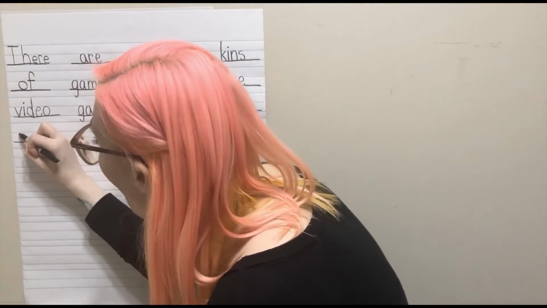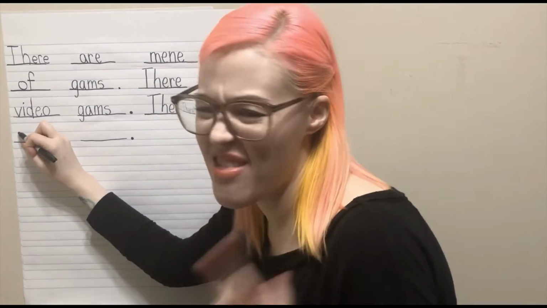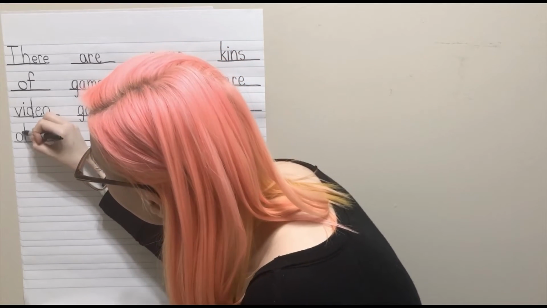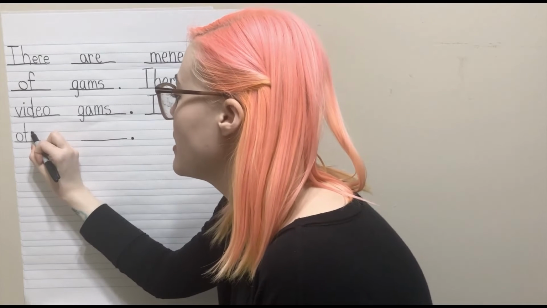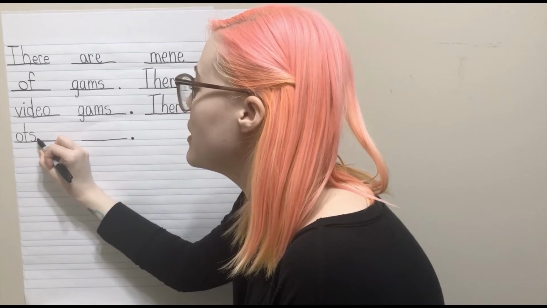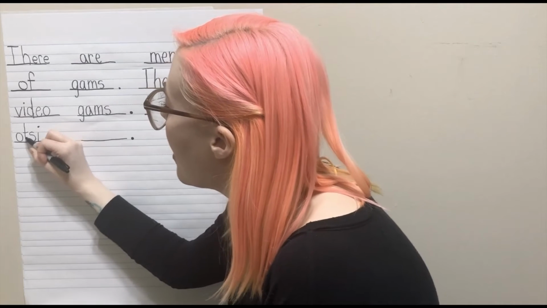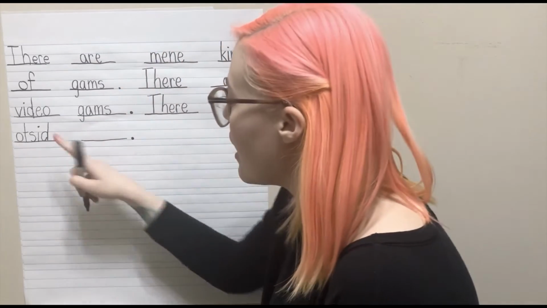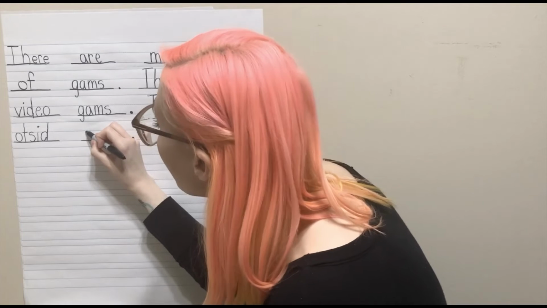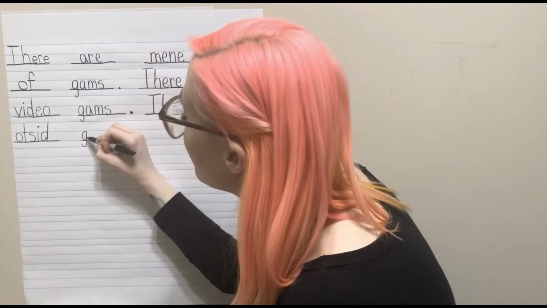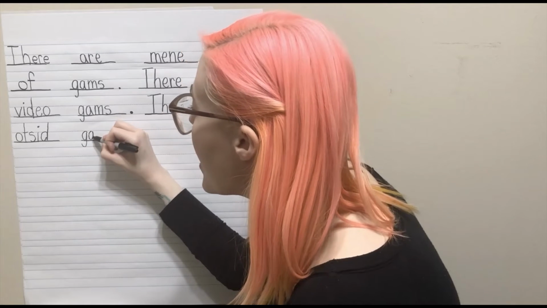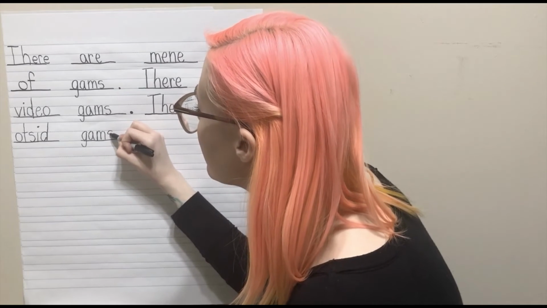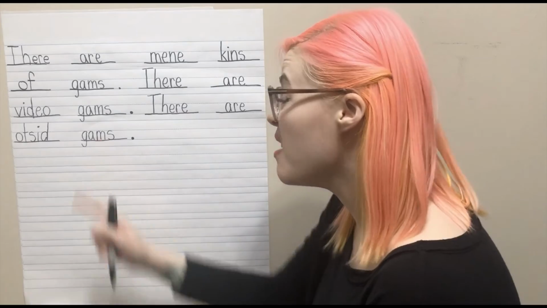Outside, ow, ooh, that's another tricky sound. I think it's an O. Out, T says T. Out, S says out, I says I. Outside, D says D. Outside, games, there's that word again. G says G. A says A. Aim, M says M, aims, S says S. There are outside games.